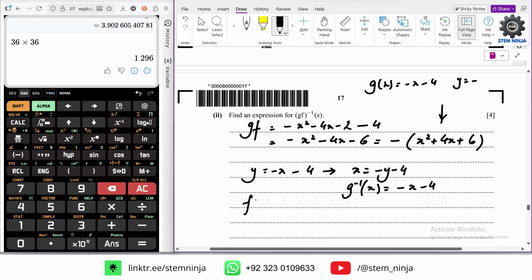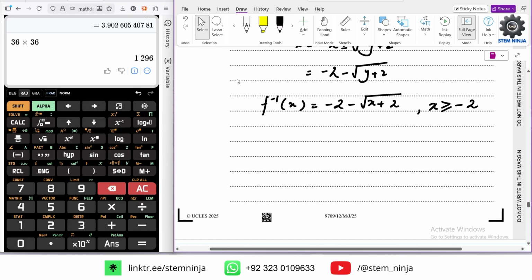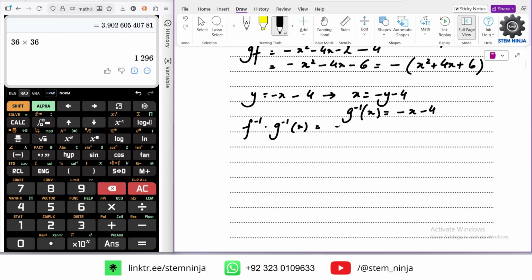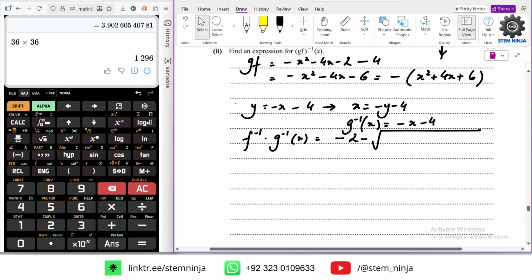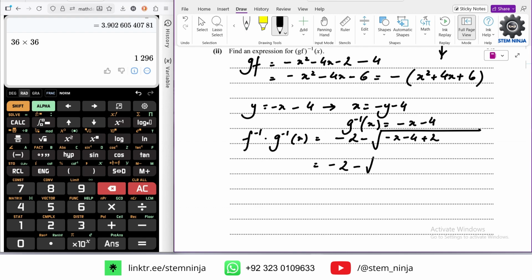So if we do this, g inverse of x, we had f inverse, minus 2 minus root x plus 2, so this is minus x minus 4 plus 2, so this would become minus 2 minus... we can't have this, minus x minus 4.